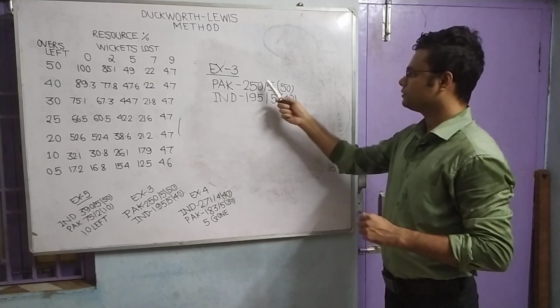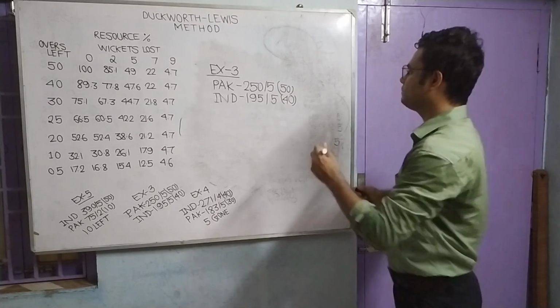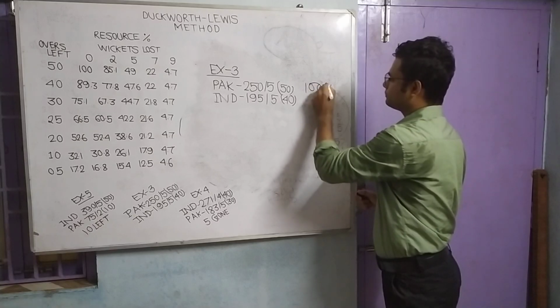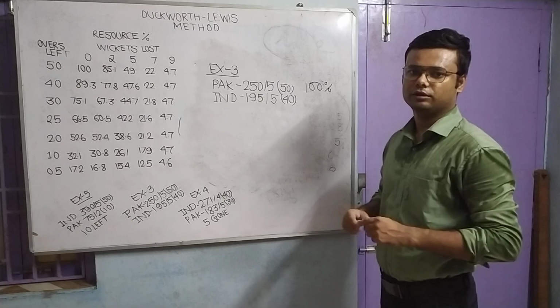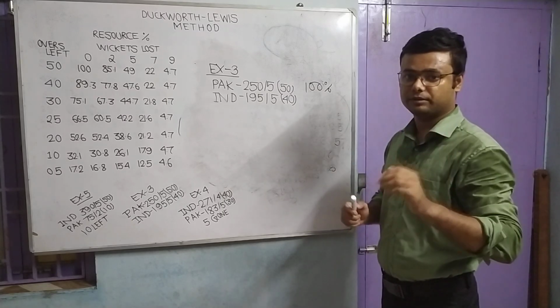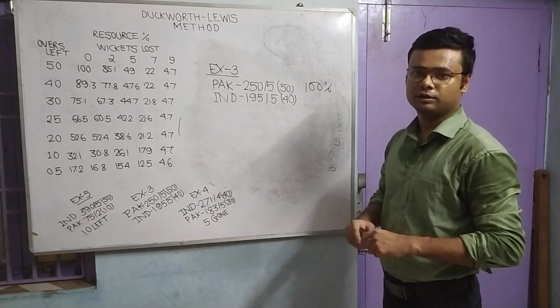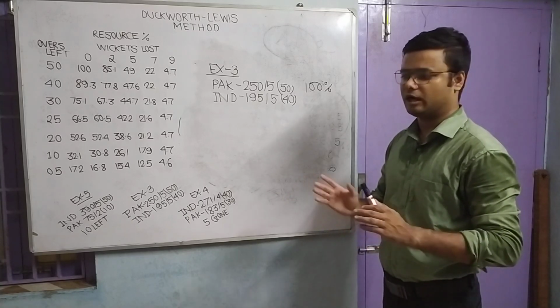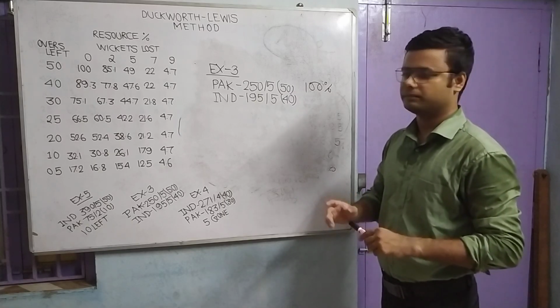From this score line, you can see that Pakistan have used their 100% resources. And as the match was abandoned, you have to decide who was the winner of this game. In this regard, the Duckworth-Lewis method will help us to set a revised target for India. Now we have to see whether it is less or more.